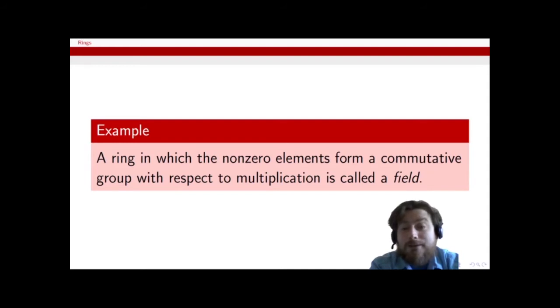Furthermore, because it's closed under multiplication, if I take any non-zero elements and multiply them, I can't get out 0 because I have to get a non-zero element. So therefore, this will be a commutative ring with unity and no zero divisors. So any field will be an integral domain. The additional step here is that also we'll have to have multiplicative inverses for every element, whereas in an integral domain, you don't necessarily have to do that.